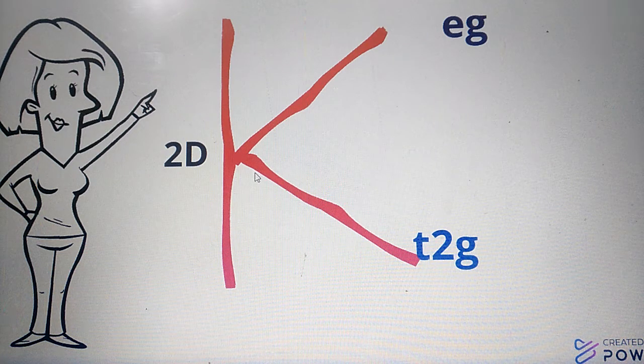As the ligand comes toward the free metal ion, the energy of the d orbitals becomes different and it divides into two groups, T2g and Eg. This is also a form of crystal field splitting.